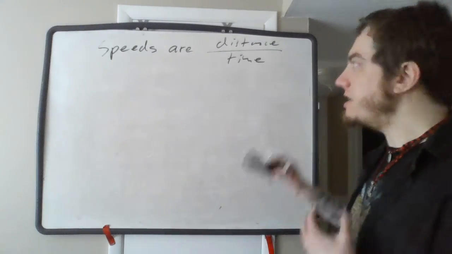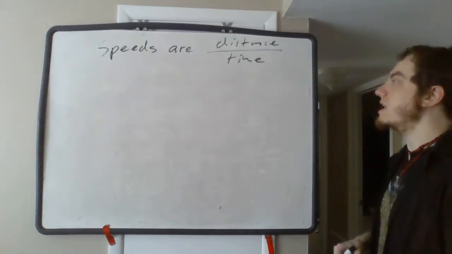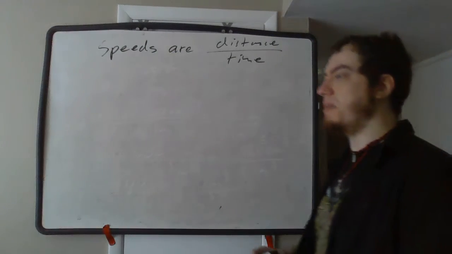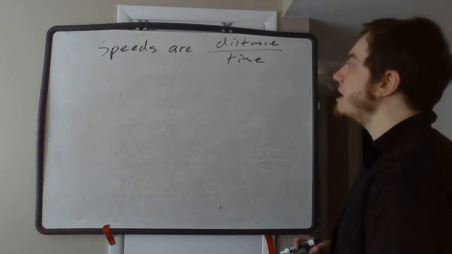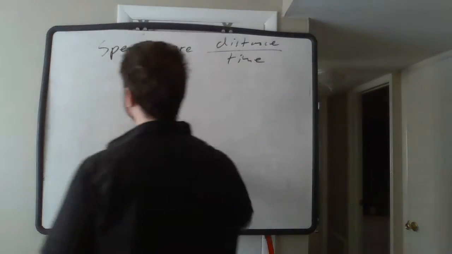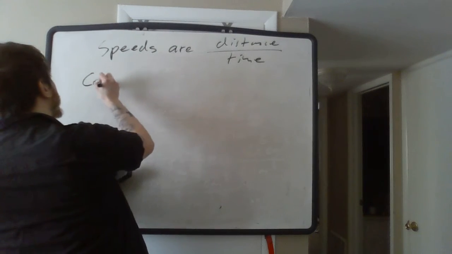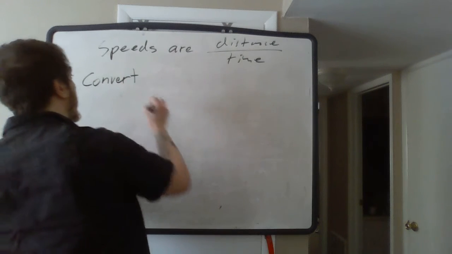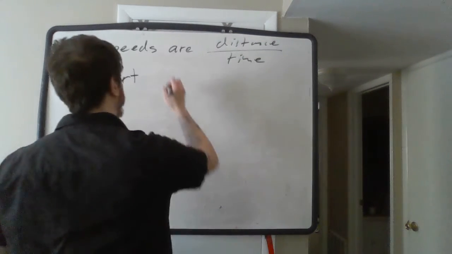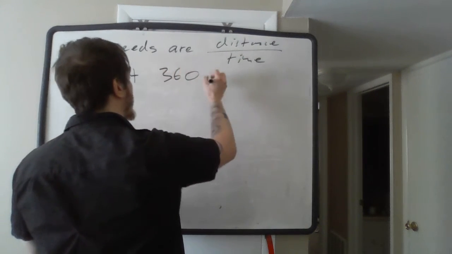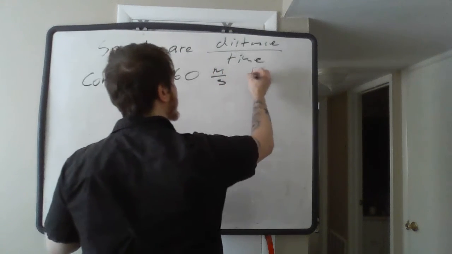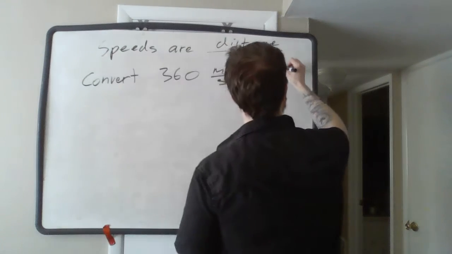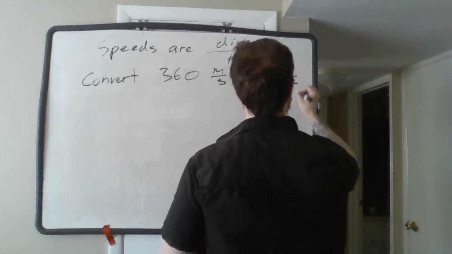So how would we deal with converting between different ways of measuring speeds or whatever we happen to be dealing with here? For example, let's suppose that we want to convert 360 meters per second to meters per hour.